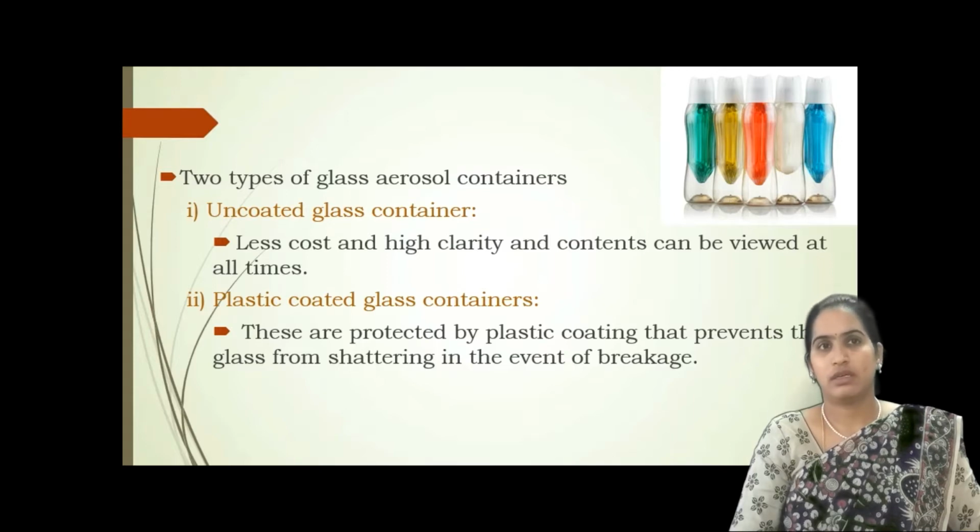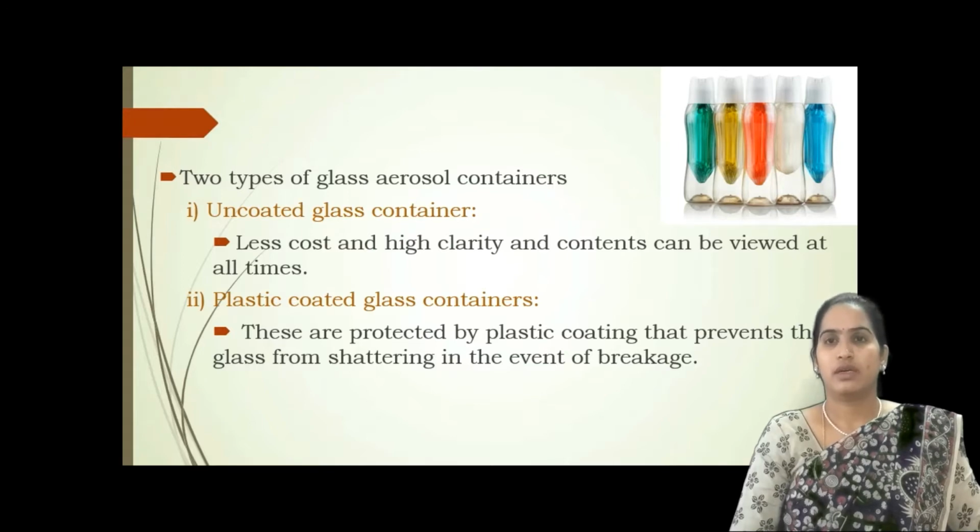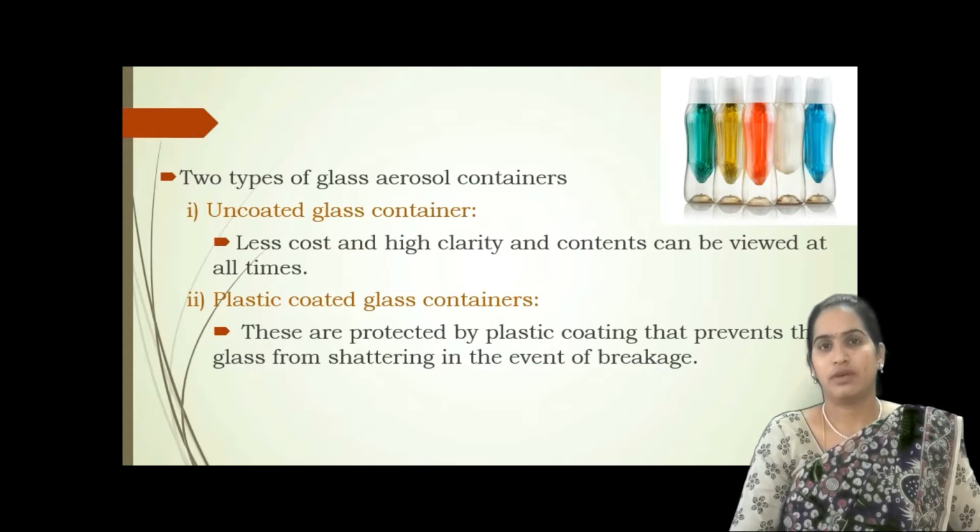The next type of glass container is plastic coated glass containers. These glass containers are coated with plastic to prevent the glass from shattering into fragments in the event of breakage, also to impart resistance to the container, and also to make the container non-reactive with the product.